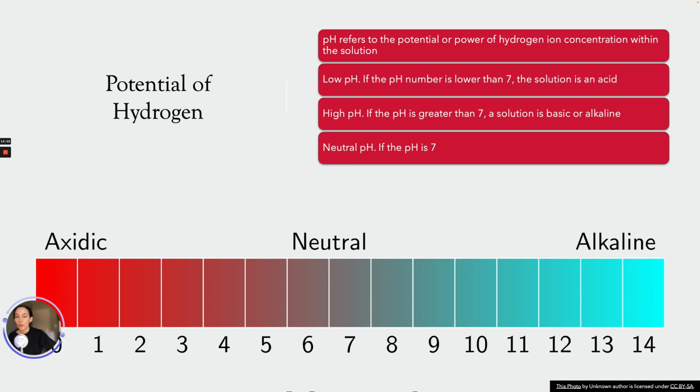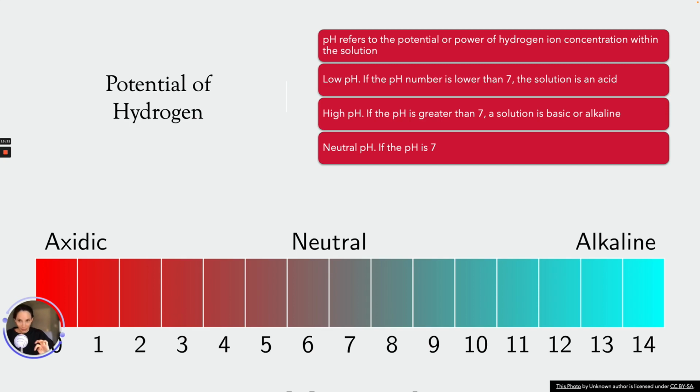If something has a low pH, the number is lower than 7 and the solution is an acid. And if it has a high pH greater than 7, a solution is basic or alkaline. A neutral pH is 7, in which the solution would be neutral. And a change in pH of a solution by 1 pH unit means a 10-fold change in hydrogen concentration.